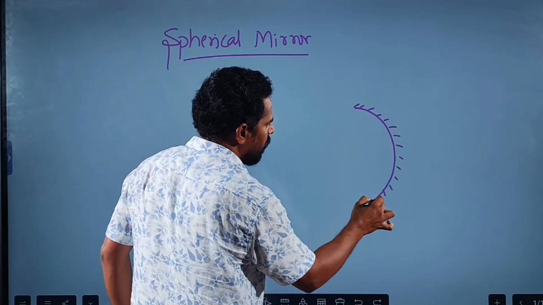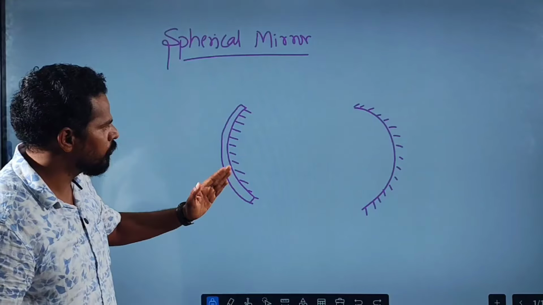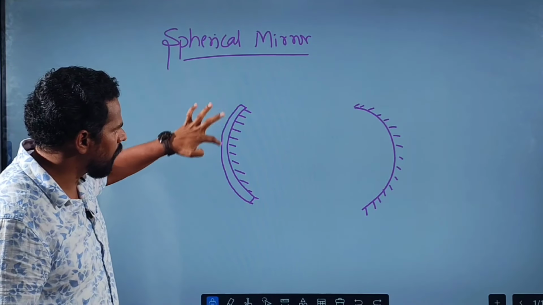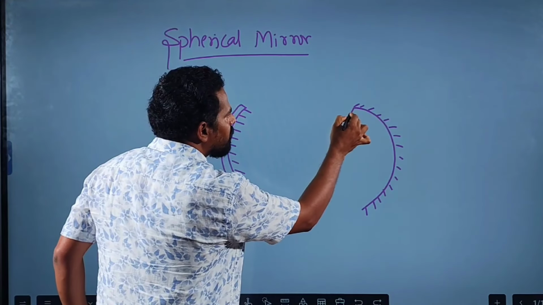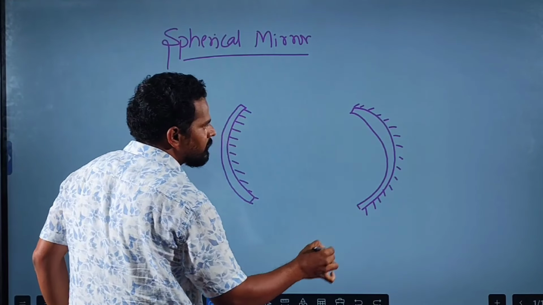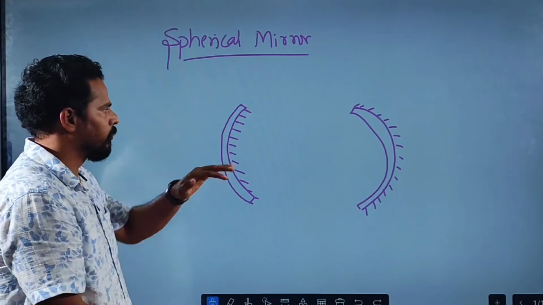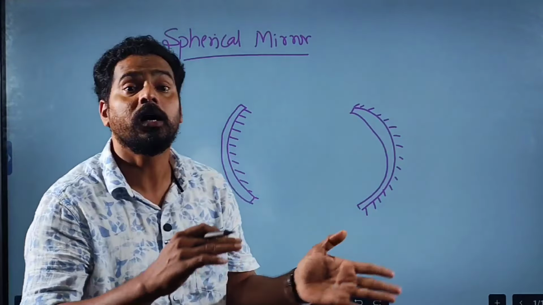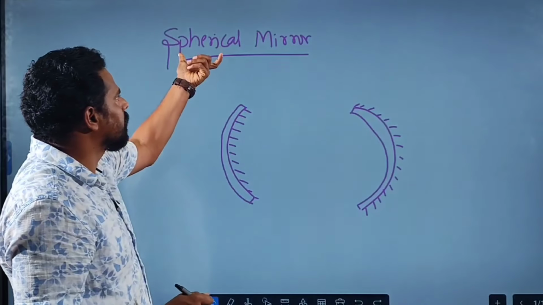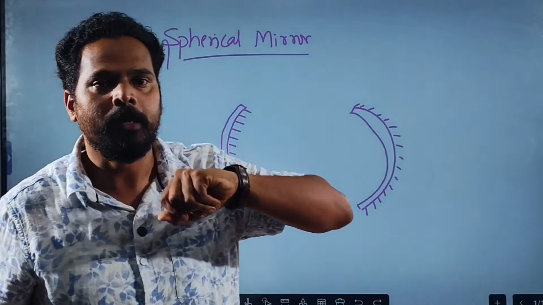The mirror whose reflecting surface is curved outwards or curved inwards, such mirrors we call spherical mirrors.